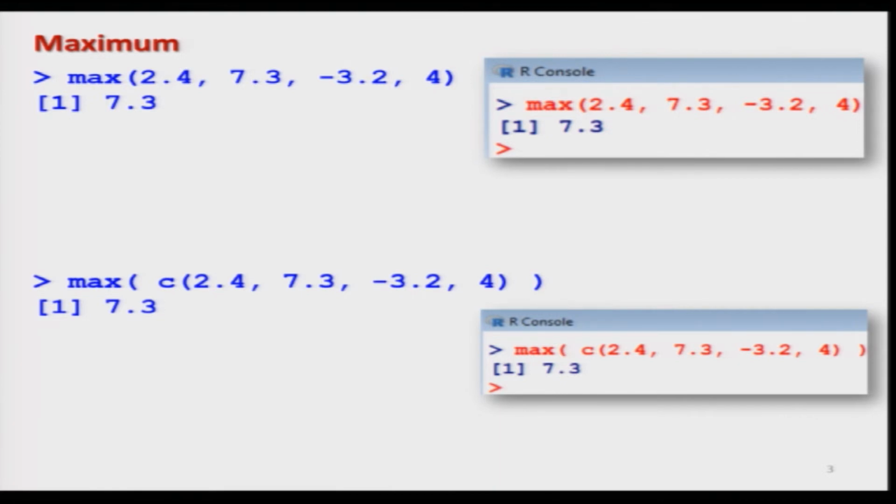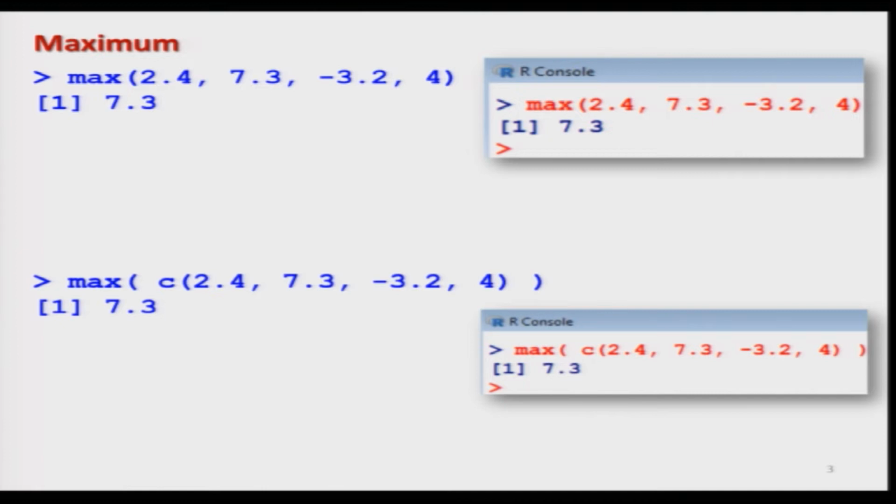Now let me take one simple example. Suppose you want to find out the maximum value for a given data set. I have two options here. The first option is that those people who are good in programming can write a complete program to find the maximum value.